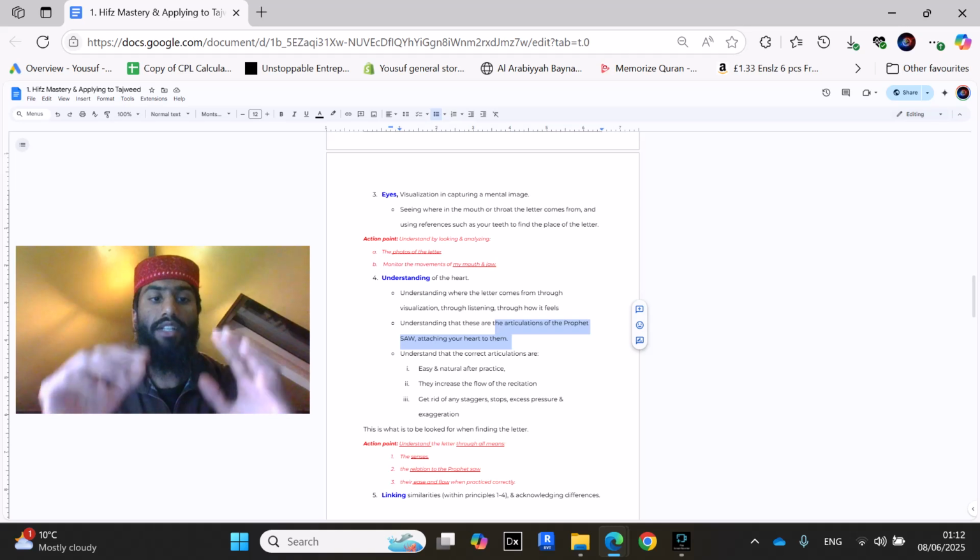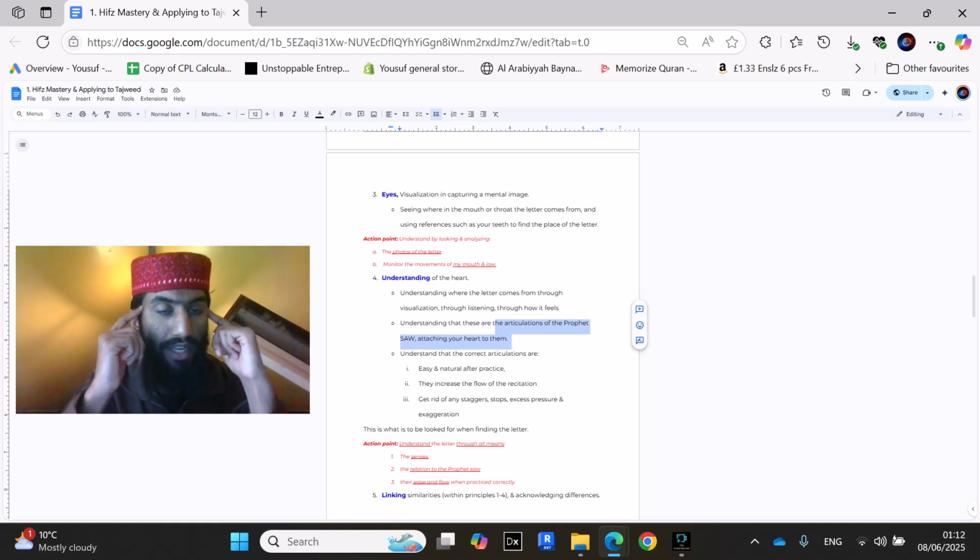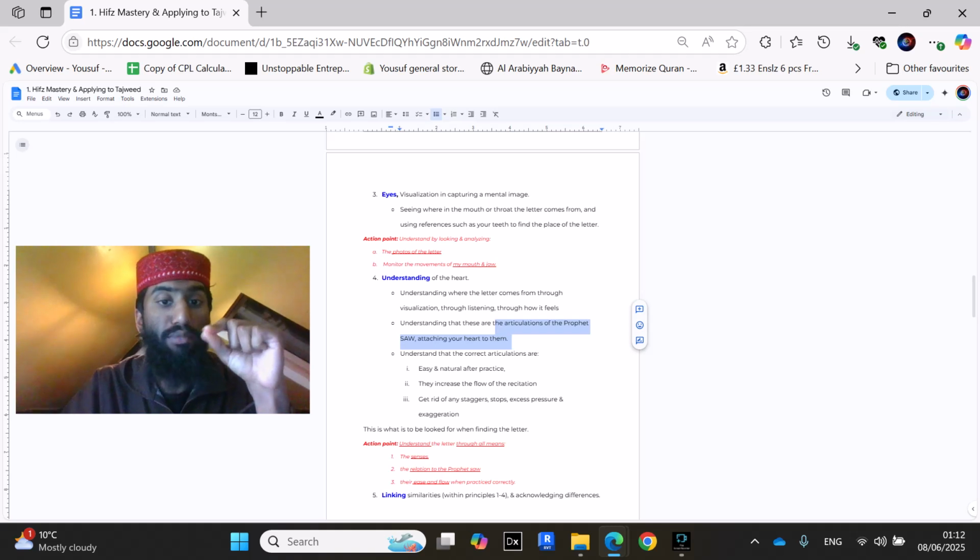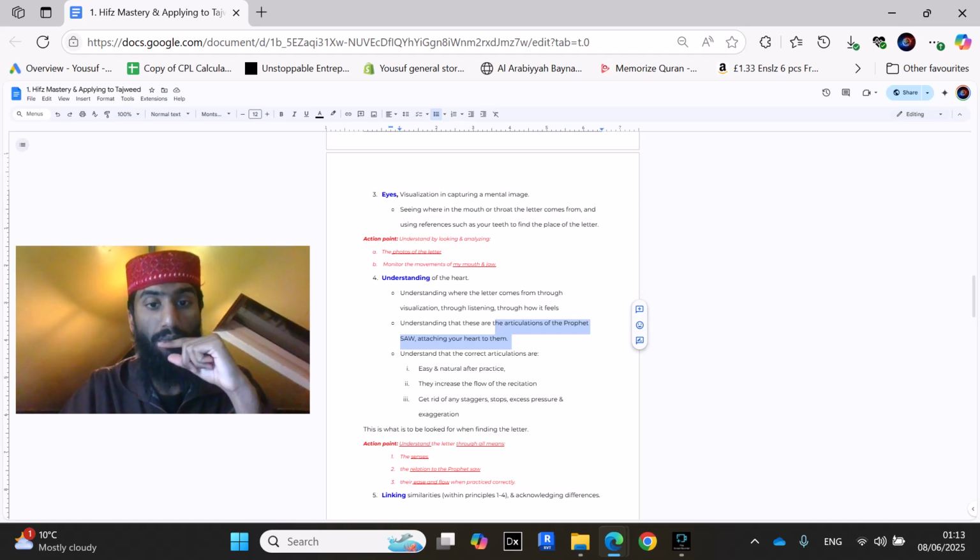Understanding doesn't just mean you understand it by memory or your brain, but that you understand it so that it becomes a part of you. So to do that, understand that the Prophet ﷺ had these articulations. Attach yourself to these articulations for that reason.